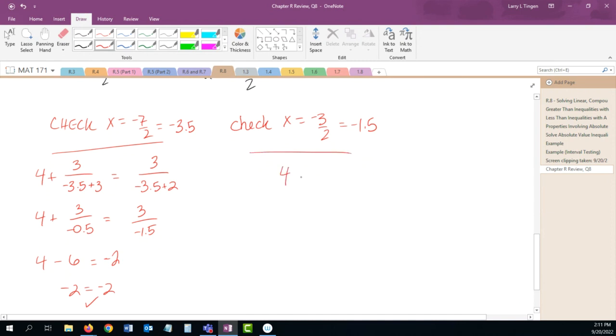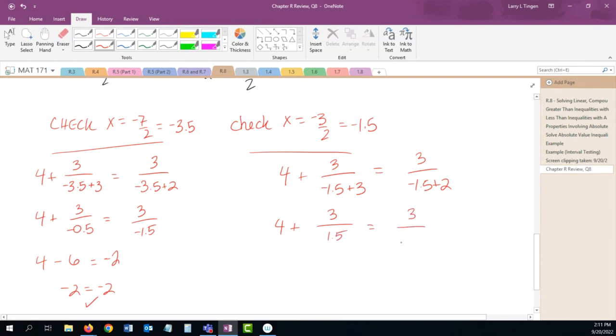Now let's check the other. 4 plus 3 over -1.5 plus 3 is equal to 3 over -1.5 plus 2. -1.5 plus 3 is 1.5.